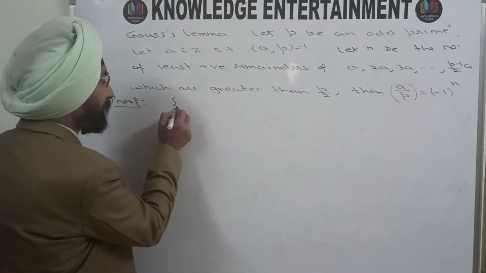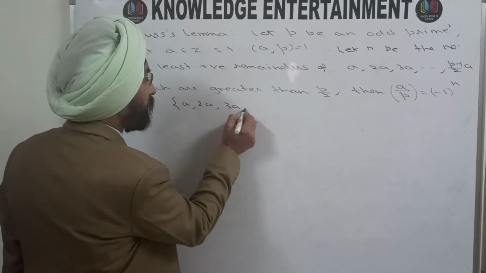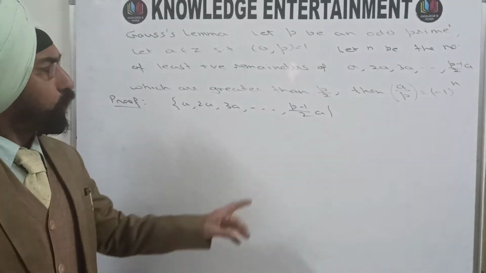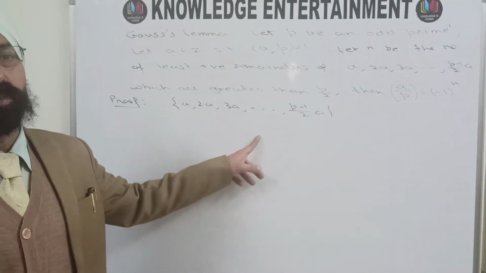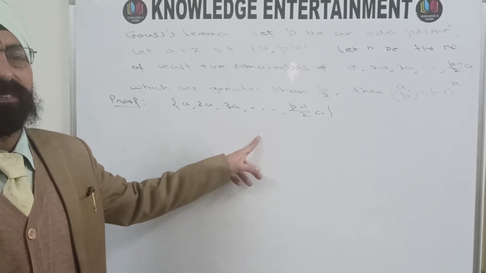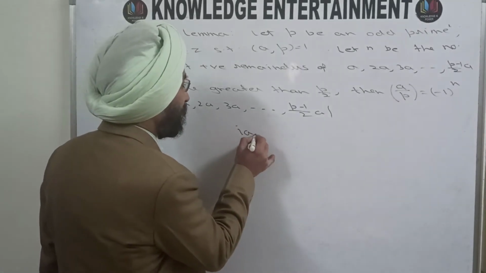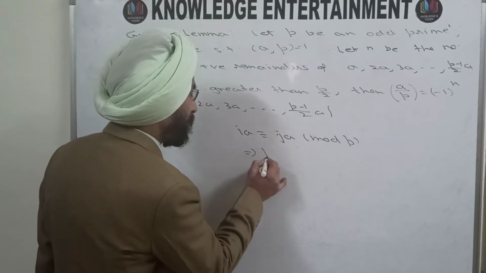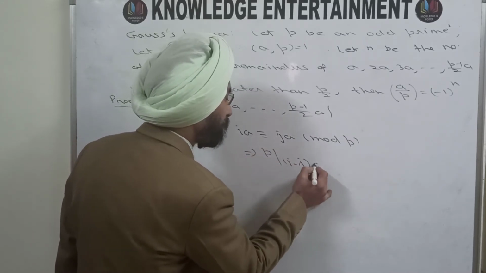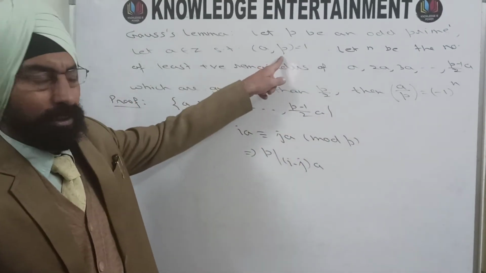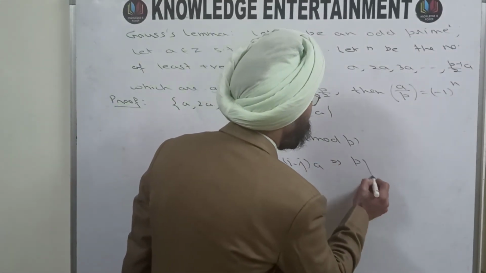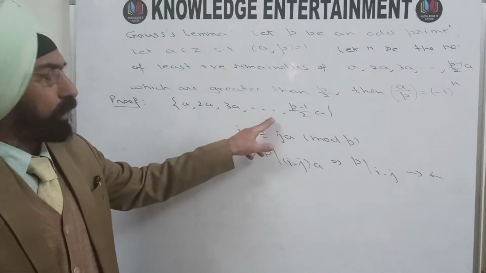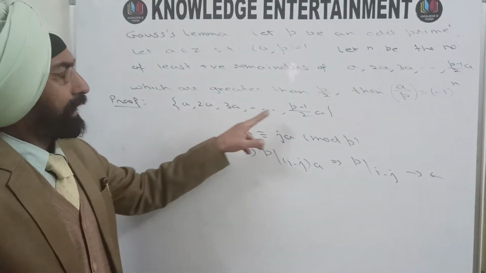First of all, look into this set A, 2A, 3A up to (P minus 1) by 2 times A. No two members of this set are congruent to each other modulo P. Because suppose some IA is congruent to some JA modulo P, then P divides (I minus J) times A. But GCD of P and A is 1, so P must divide I minus J. And this is not possible, this is a contradiction, because I and J are both greater than or equal to 1 but less than or equal to (P minus 1) by 2.